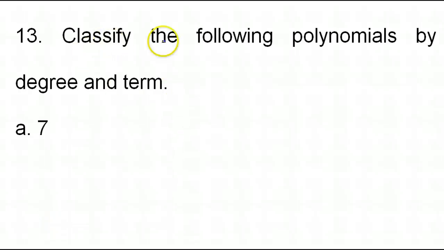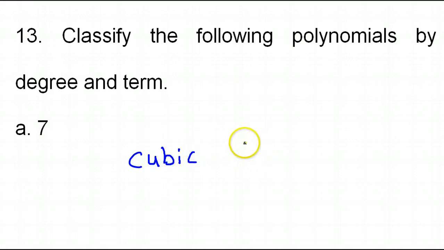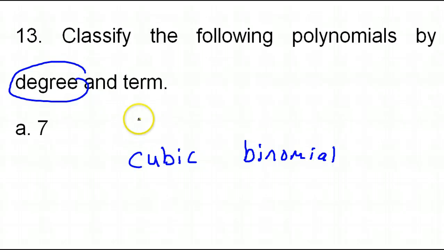Okay, so for number 13, we're supposed to classify polynomials by degree and term. Alright, that's going to be things like phrases like cubic, binomial. Alright, cubic would refer to the degree, if we were dealing with x to the third power.